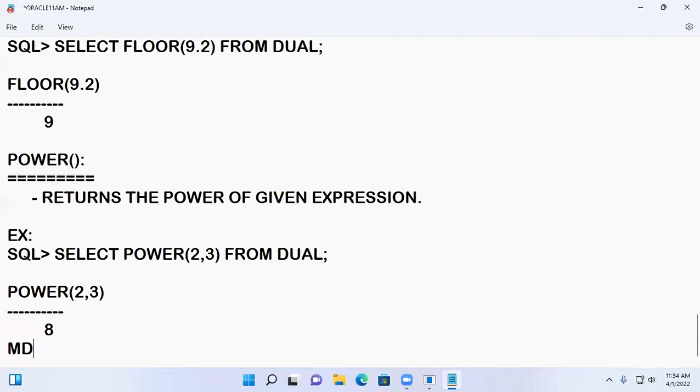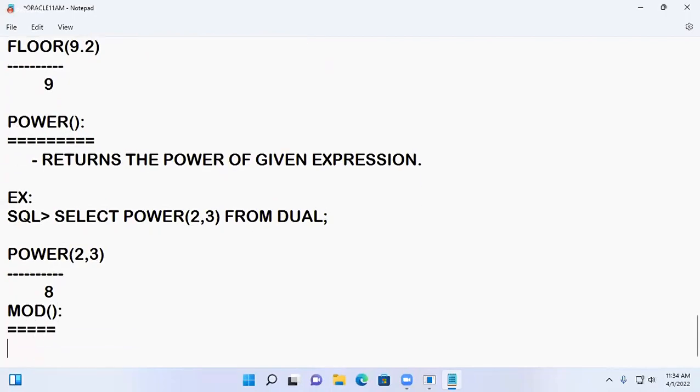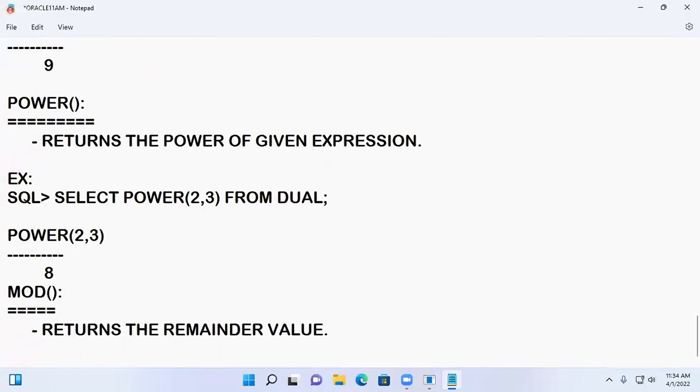And the next function is called the MOD function. The MOD function returns the remainder value.